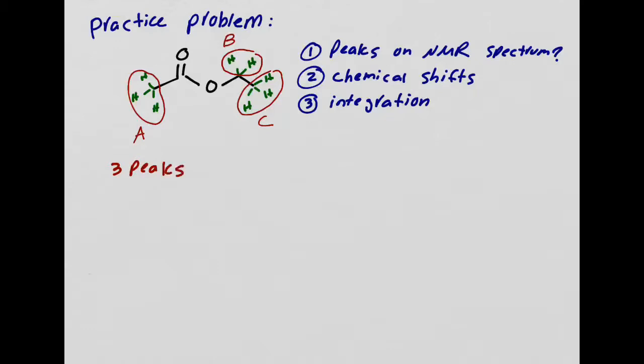Now, I want to repeat this again. I know you're probably going to be mad at me for repeating myself, but remember, you have a peak for each unique set of protons. Now, these hydrogens are attached to the same carbon, and this carbon is attached to a carbonyl. This is unique.